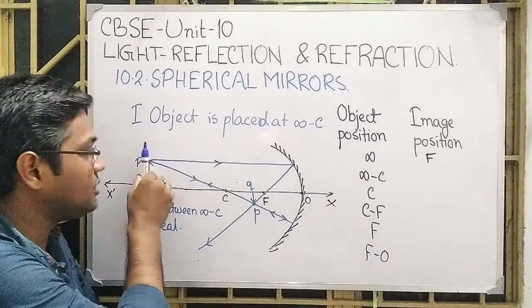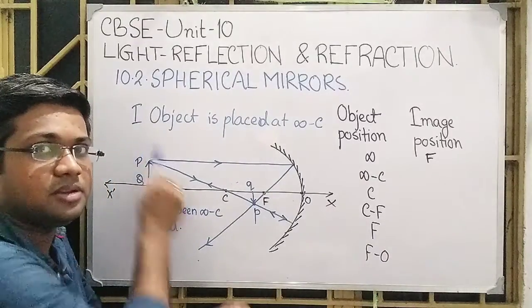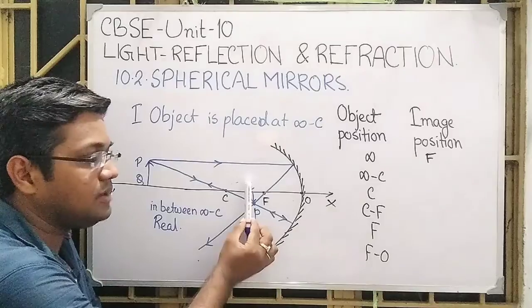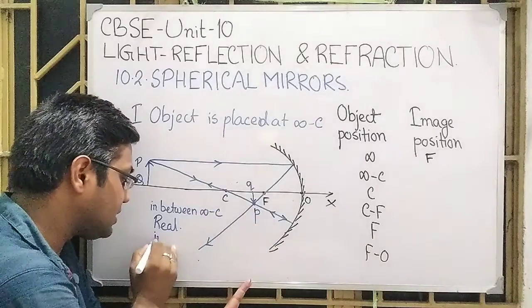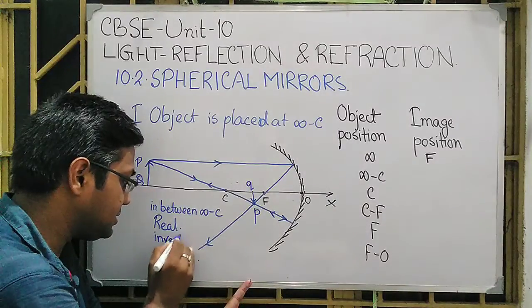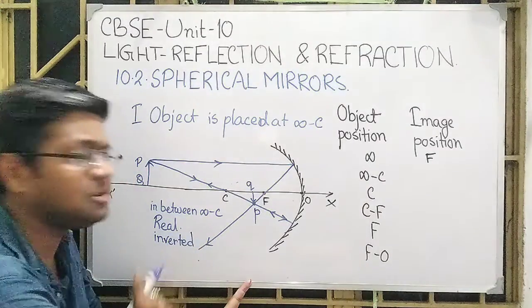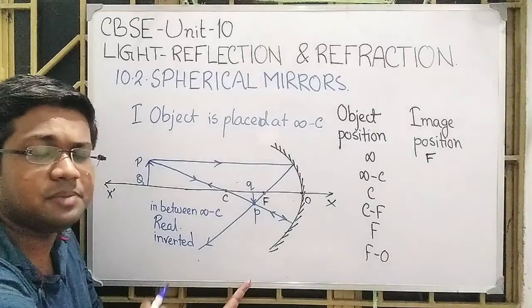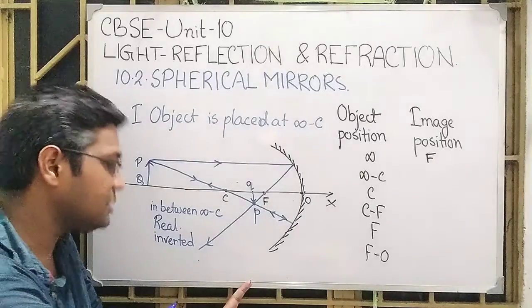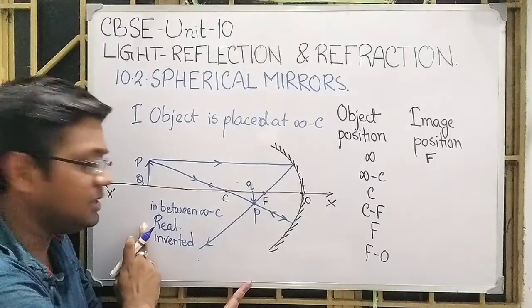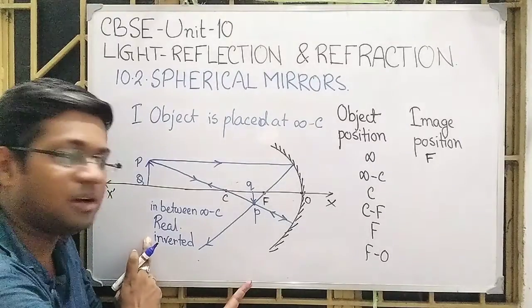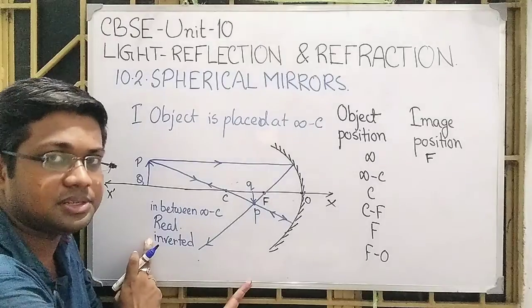If I say this is the object, then with respect to the object, the image is inverted like this. So the image is inverted because it is on the downside of the principal axis. Next, the position is declared, real or virtual is declared, inverted or erect is declared.